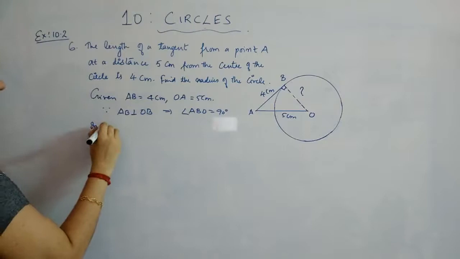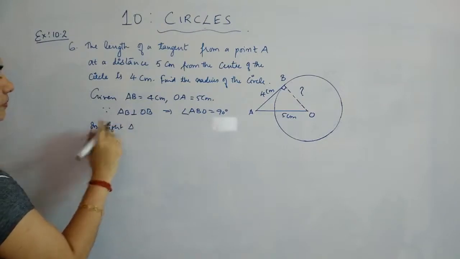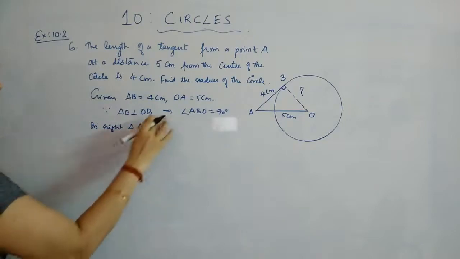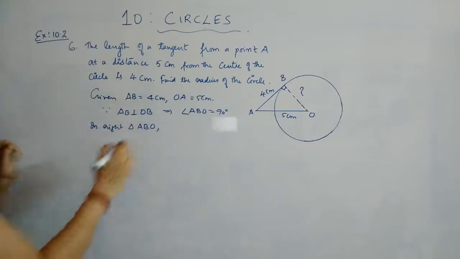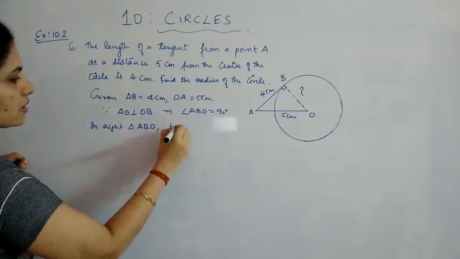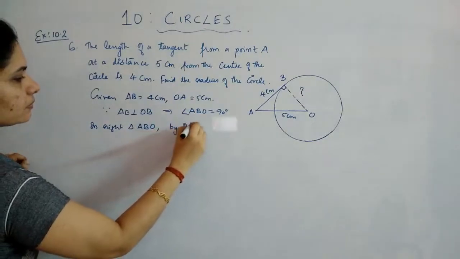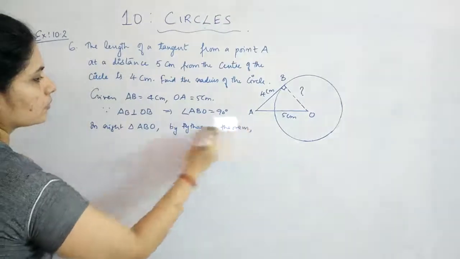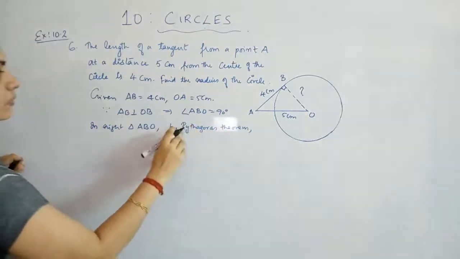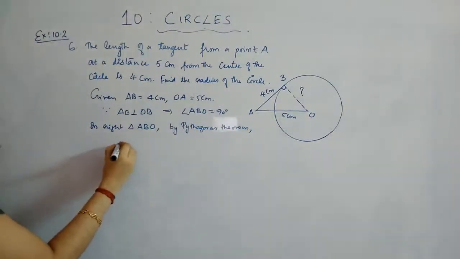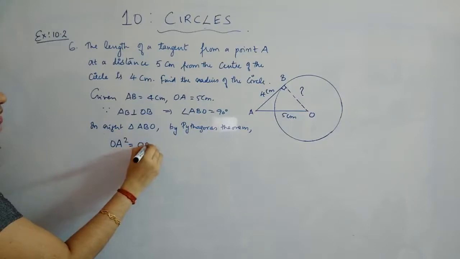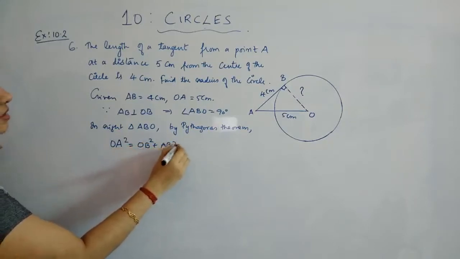in right triangle ABO, by Pythagoras theorem, OA square is equal to OB square plus AB square.